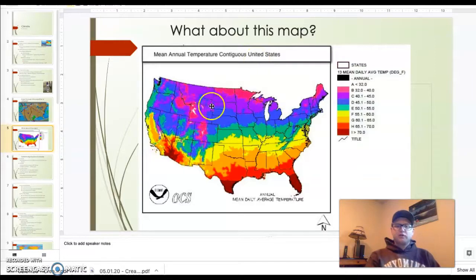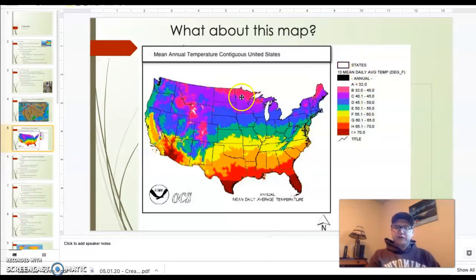So this shows the average temperature in the United States. So this is taken over many, many years. Usually these averages are taken over 30 years or more. So if you see here, this would be a climate map because it shows the average. This is what you can expect in an area, but day to day it could be different.